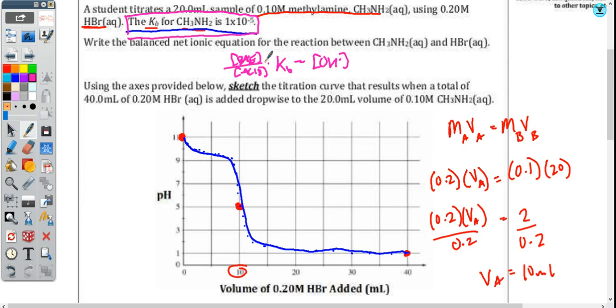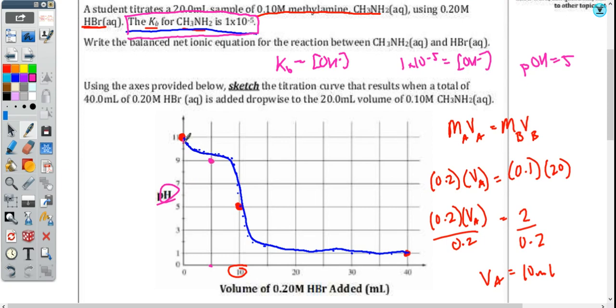So at the half equivalence point, which is going to be halfway, at 5 mL, the base over the acid are going to drop from my calculation. So it's just Kb equals hydroxide at that point. As I think about my Kb, which is 1 times 10 to the minus 5, if that's my hydroxide and I take the negative log of that, that means my pOH at the half equivalence point is 5, or the pH is 9.